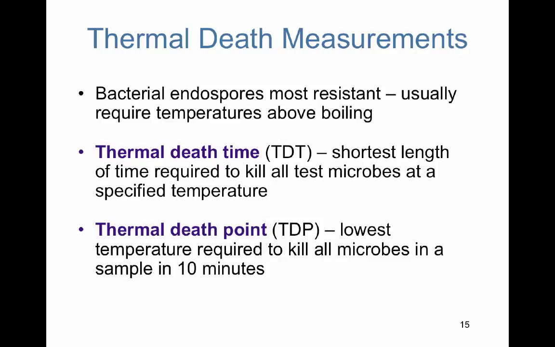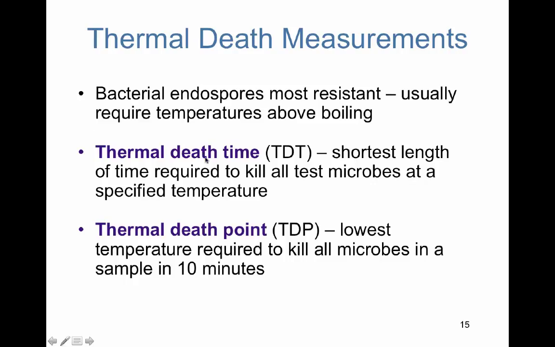Now some of the terms which can be applied to a process when you're utilizing an autoclave, or applying different cycles of heat to sterilize a particular substance, you would track both the TDT and the TDP over time. So again, usually endospores are the most resistant.